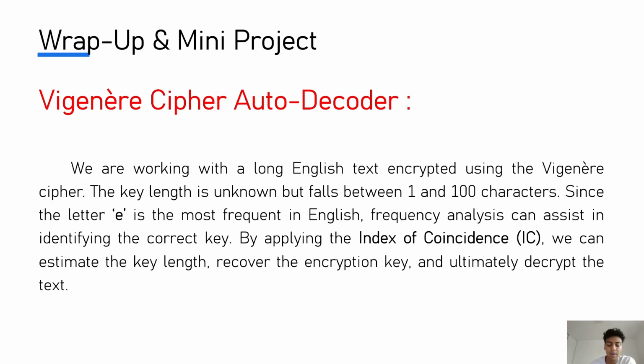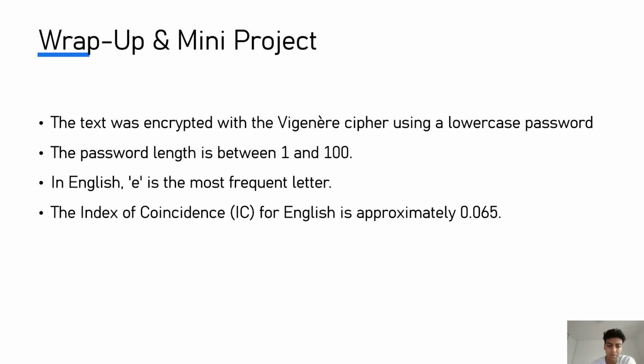So we have a very long English text encrypted using this system, the Vigenère Cipher, and the information we know is that we have lowercase passwords, all smashed together, and the password length is between 1 and 100.